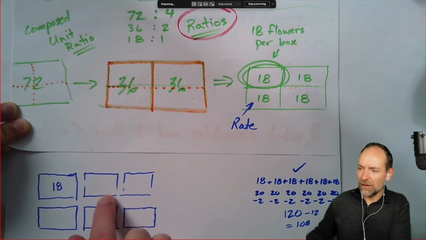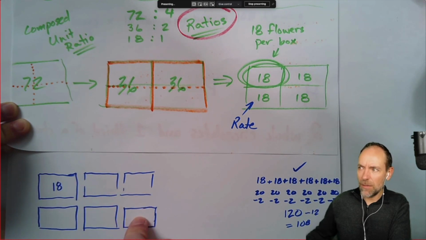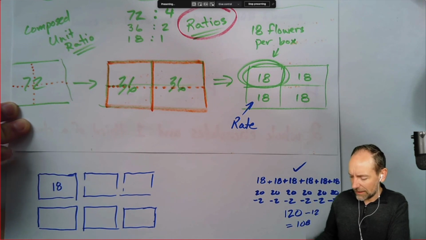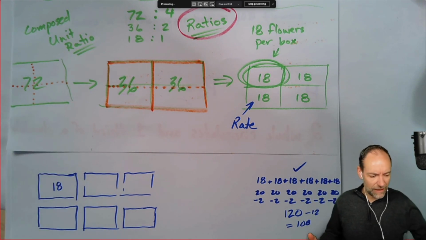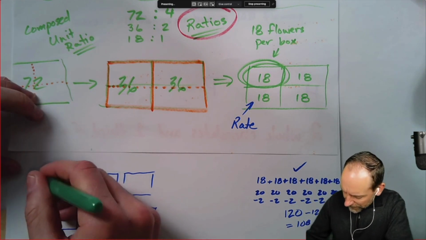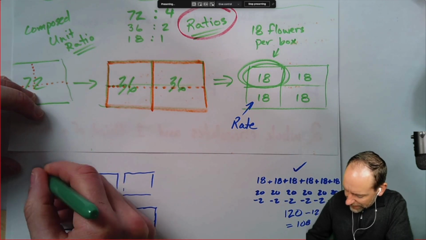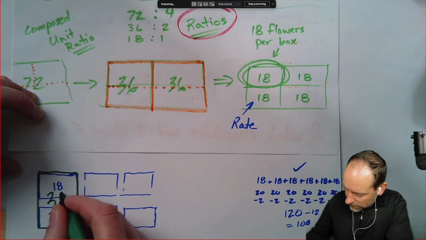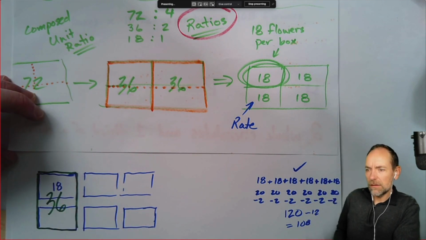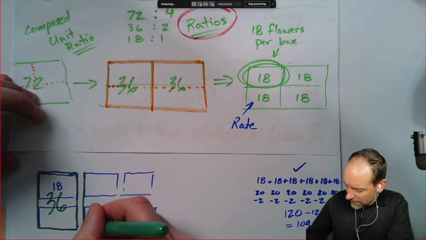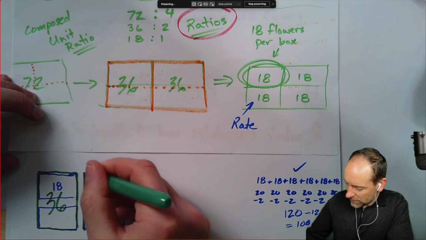So I'm seeing a lot of ways that I might be able to use this information to help me get there. If I look at it this way, that means this is 36 flowers. That means this is 36 flowers.